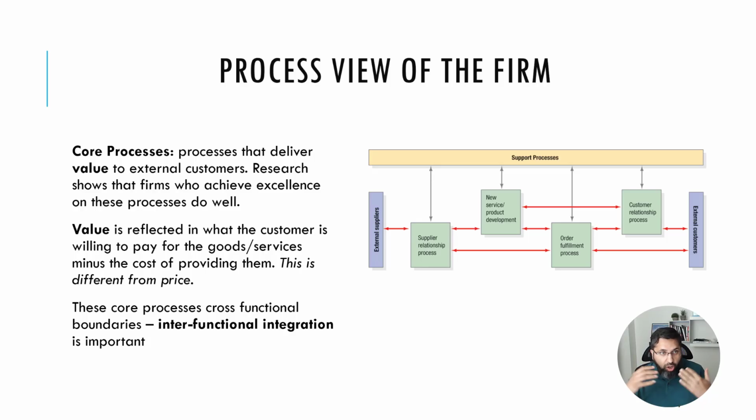There was this constant fight between procurement, the supplier relationship process, who bought the material, and the order fulfillment process, the people who actually fulfilled the customer orders, went to the home and delivered it. The order fulfillment people would first say, we go to deliver furniture in people's homes.